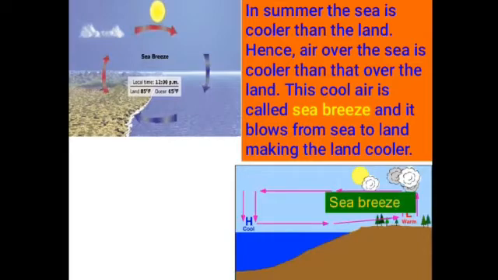The cool air over the sea is heavier and sinks down and creates high pressure, whereas the hot air over the land rises above and creates low pressure.